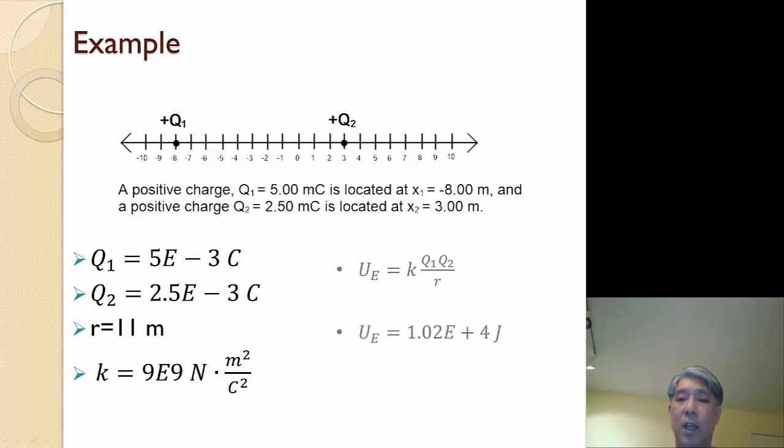When you plug all the numbers into your calculator, you find that it's 1.02 times 10 to the 4th joules. That's 10,200 joules, a fairly large amount of energy. And if I was to release Q2, that energy would be translated into kinetic energy as Q2 moves faster and faster going away from Q1.